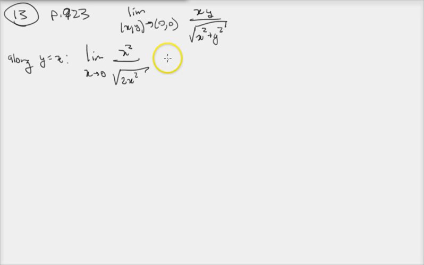So from here, what we can do is use L'Hopital's rule, because we get our indeterminate form right here, and this will become the limit as x approaches 0 of 2x over 4x times the square root of 2x squared, and that comes up from the bottom from this, because that becomes a negative square root.